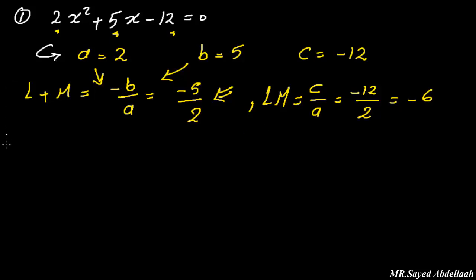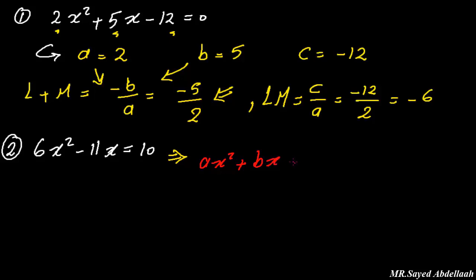Second example, 6x² − 11x is equal to 10. Putting the equation in the form ax² + bx + c = 0, subtract 10 from the two sides.